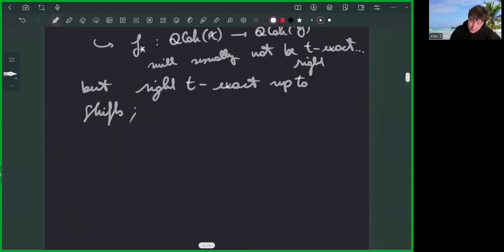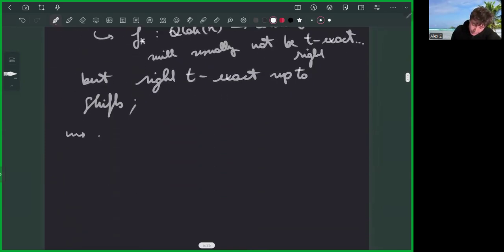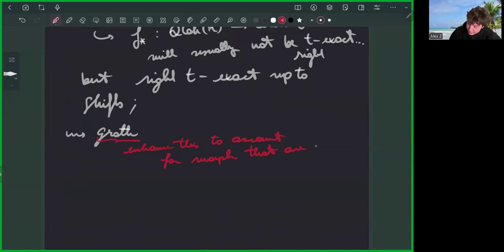So in particular, we want to enhance this thing here to account for morphisms that are right t-exact up to shifts.